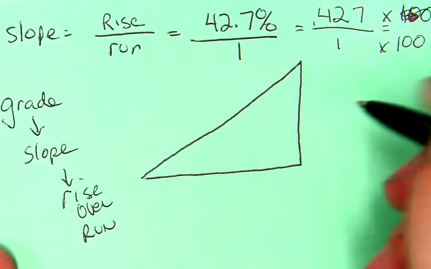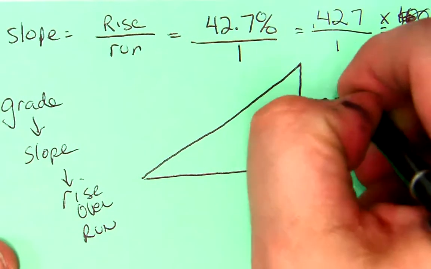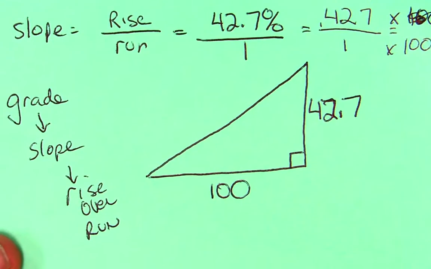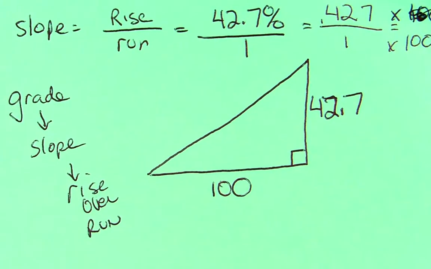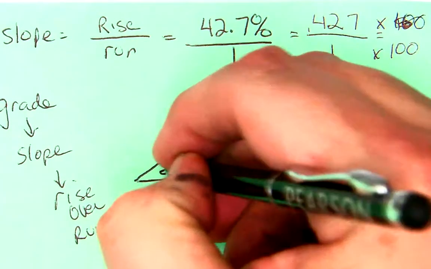The slope is going to be 42.7 over 100. And it says, what angle are you going to make with the horizontal? So now, what we need to do is find alpha, this angle right here.